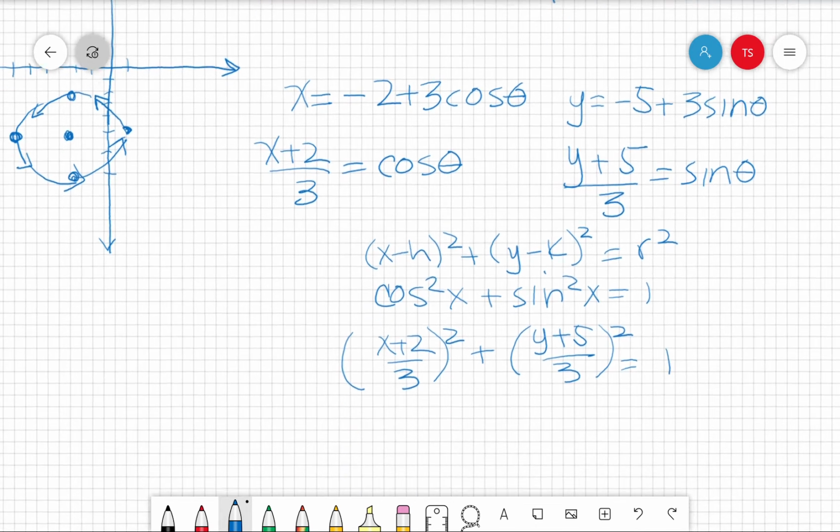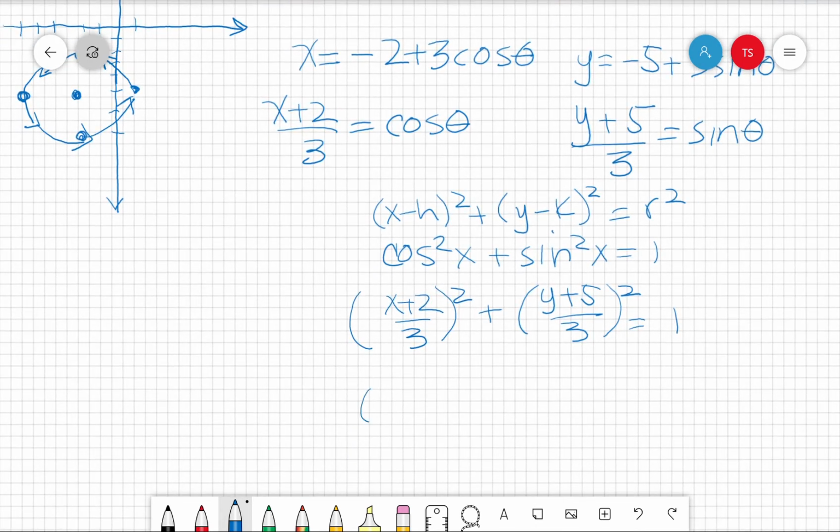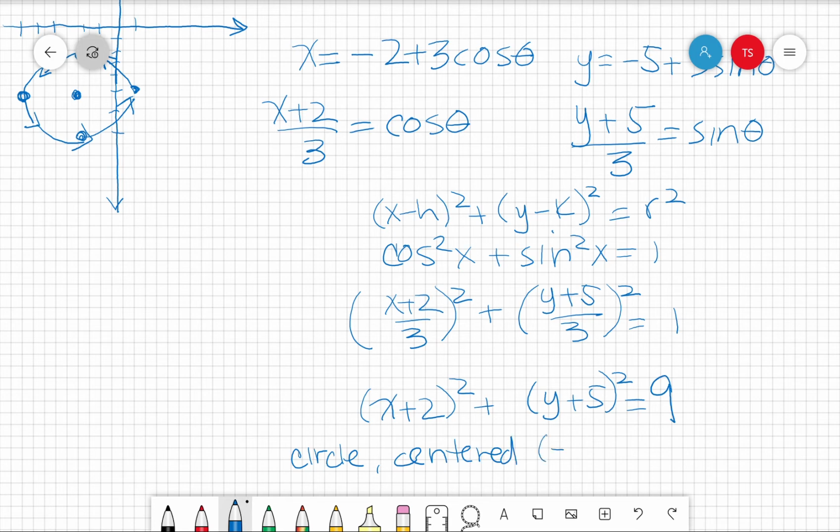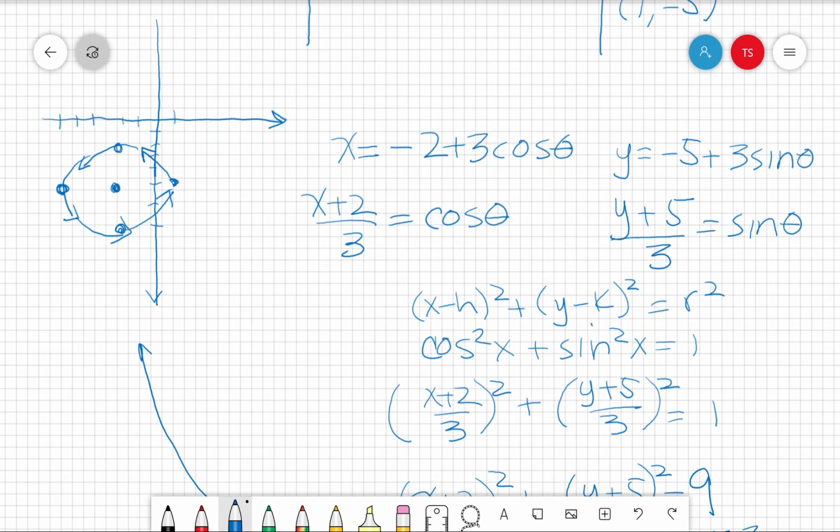I'm just going to multiply both sides of that equation by 9, and I'll have x plus 2 squared plus y plus 5 squared is equal to 9. So this becomes a circle centered at -2, -5 with a radius of 3. And if you look at what we drew here, that's exactly what we have. At -2, -5 is the center of our circle, and we have a radius of 3, r equals 3.